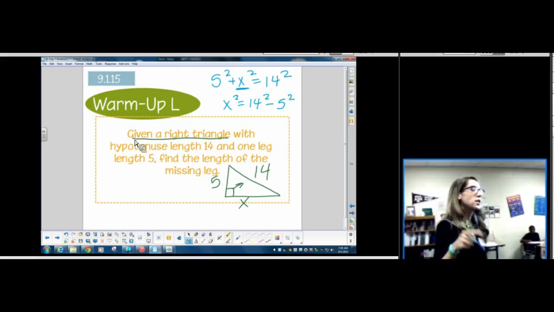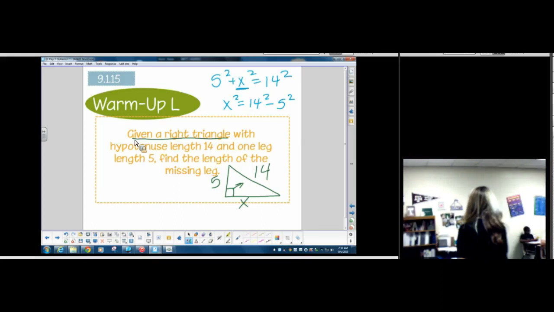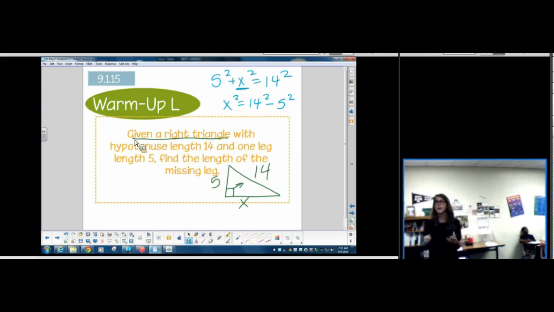So if you did 14 squared plus 5 squared, that's where you went wrong if you showed me your answer and got it wrong. So we do 14 squared minus 5 squared, and be used to grabbing your calculator every day when you walk in. X squared equals 171, and we know that the last step of Pythagorean theorem is always square root.